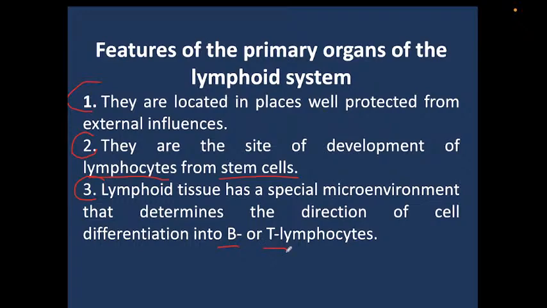There are two main groups of lymphocytes. The first one is called B lymphocytes, and the second one is named T lymphocytes. And these cells have different tasks and different roles in the immune system defense.